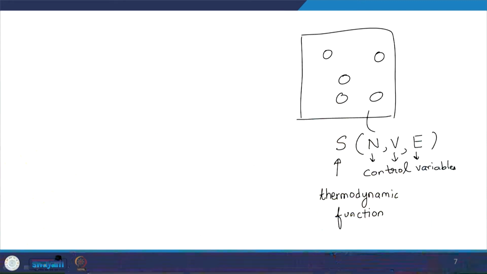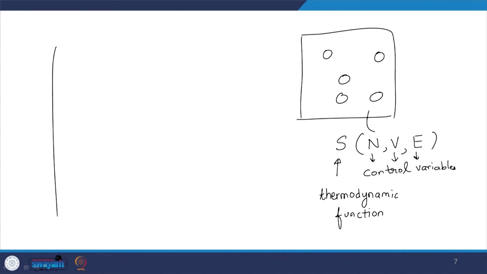Now, if I think of a system that has a constant number of molecules, constant volume and constant energy, then there is not only one system that is possible for this particular scenario. You can have various distributions of quanta of energy that will still give you the same total energy. So, whenever we are talking about a system in thermodynamics, we are not talking about one particular configuration or one particular distribution of energy, we are talking about a whole ensemble of distributions, right.